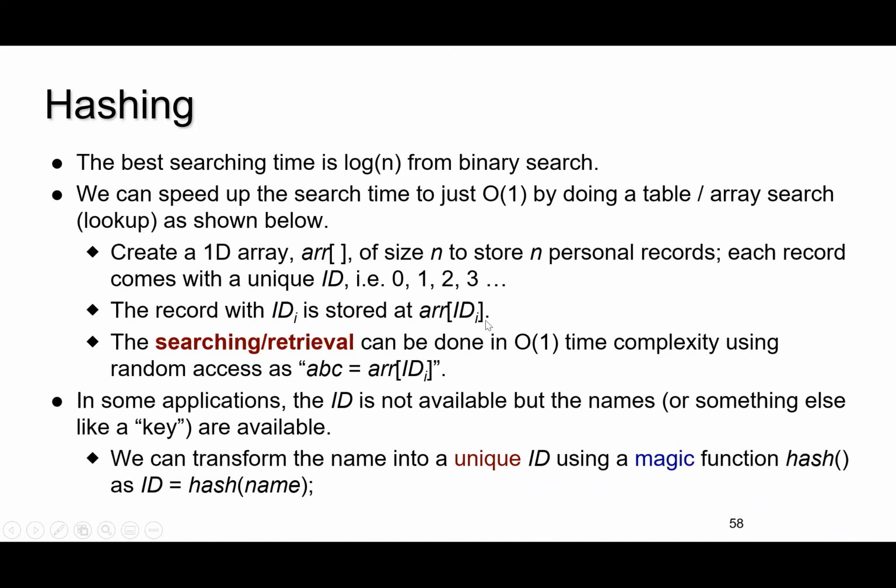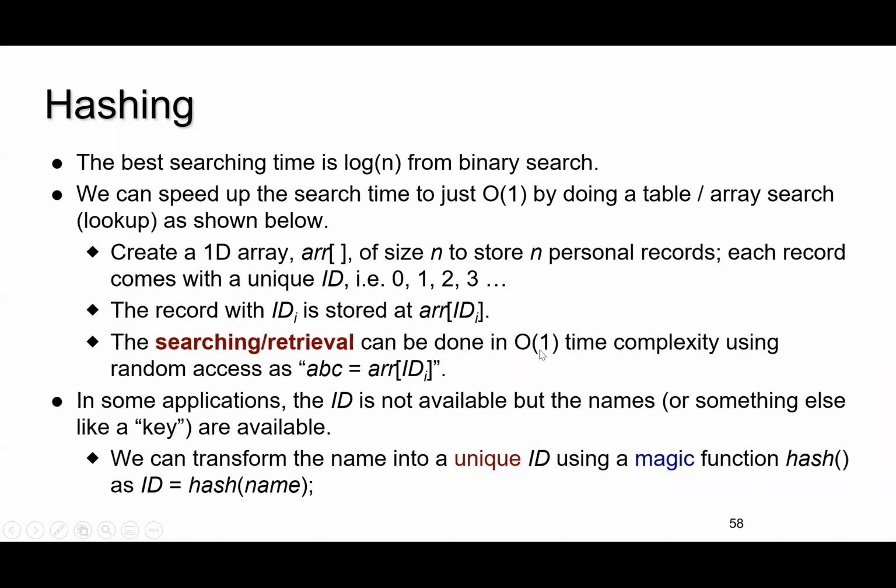So when I want to search for a particular record among these n records, I go to this table. How do I go to it? I just go to the array position I. That means just go to that location only and search for it. The other locations you don't have to go to because it won't be there.